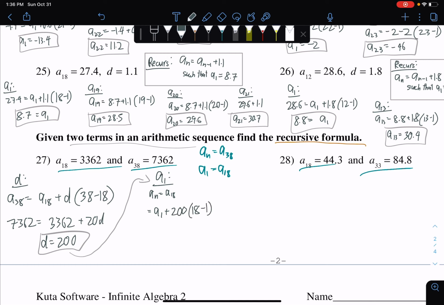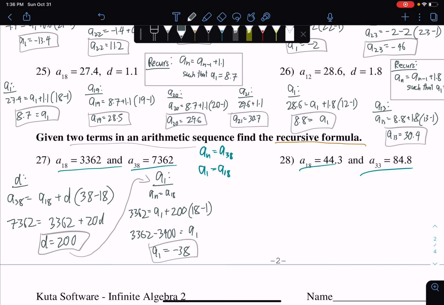Let's replace a sub 18 with 3,362. So 200 times 17, our answer is 3,400. Move 3,400 to the other side. 3,362 minus 3,400 is equal to a sub 1. Our answer is negative 38. a sub 1 is equal to negative 38.